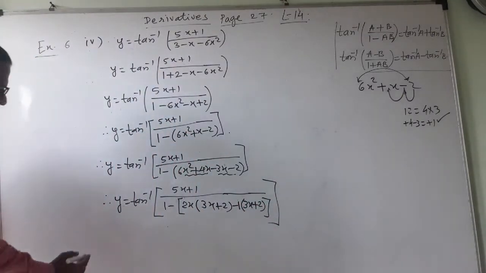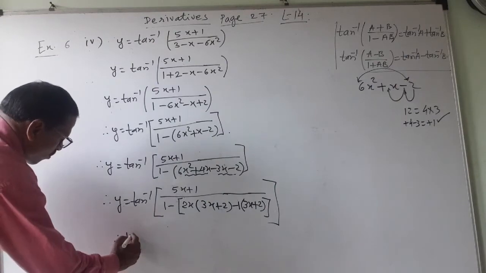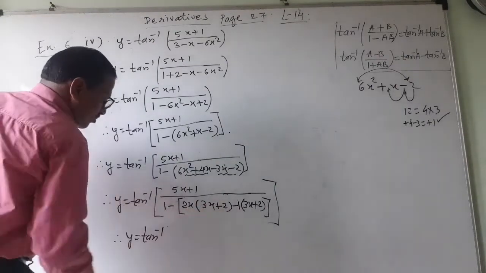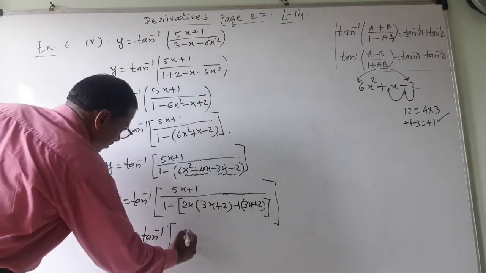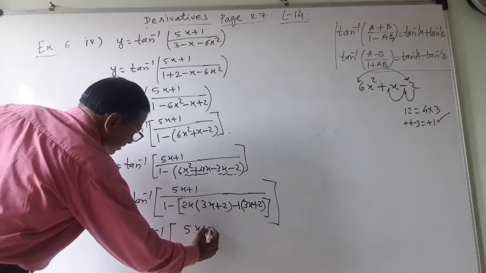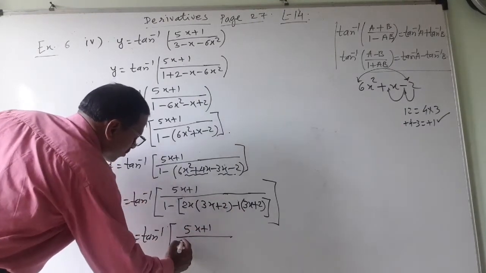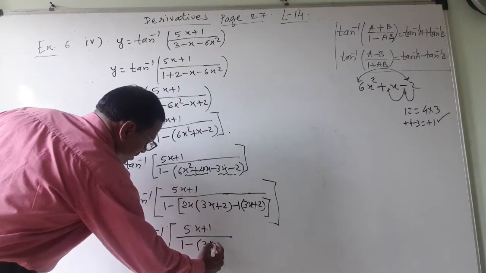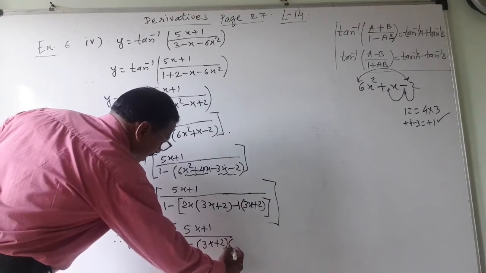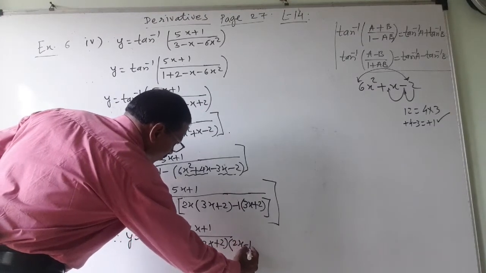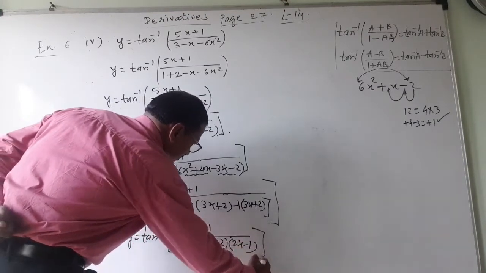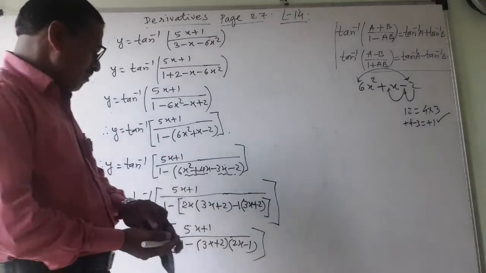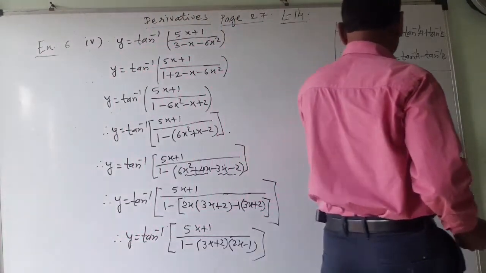Hope that you are understanding this. Therefore, y is equal to tan inverse of, this is our standard 10th knowledge, 5x plus 1 upon 1 minus, now the two factors are 3x plus 2 and into another bracket 2x minus 1. So now my purpose is solved.